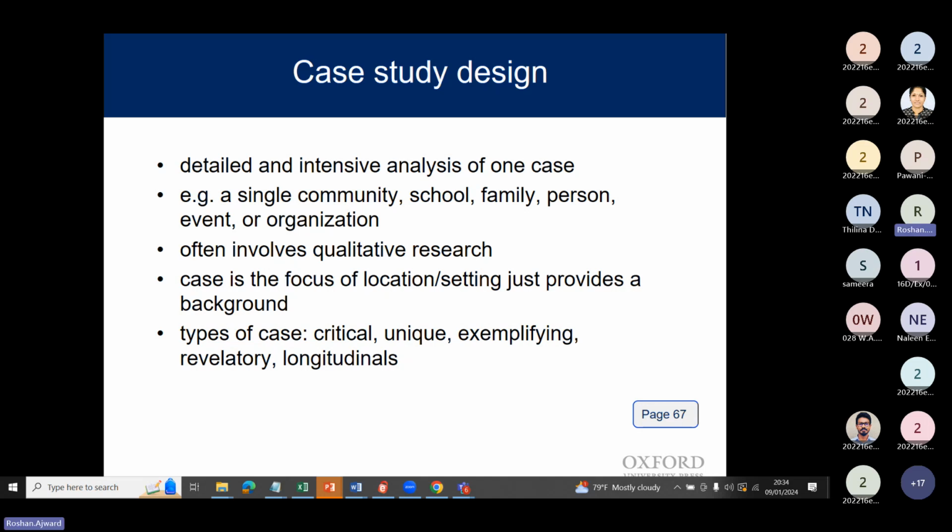This is done by qualitative research mainly, which basically means inductive research. You take one case and study it in depth.